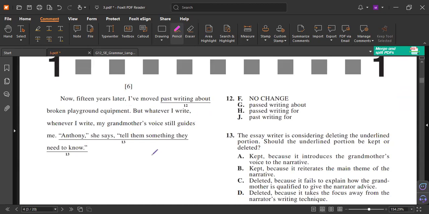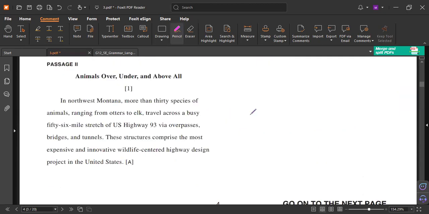Now we need to test you on something that could be hard. Let's see this example: in Northwest Montana. In Northwest, it's prepositional. Perfect. More than 30 species of animals, prepositional phrase. Look, ranging from. Ranging is verb plus ing, present participle, and then the phrase. So all of it is a present participle phrase.